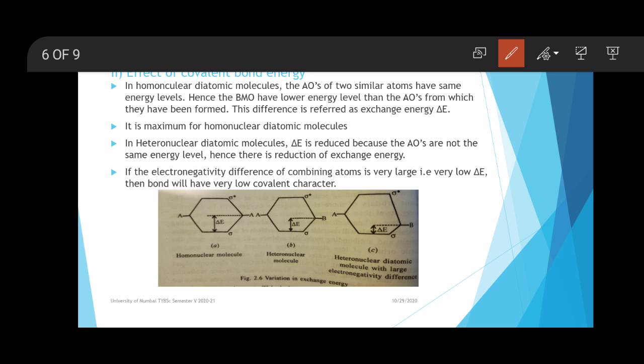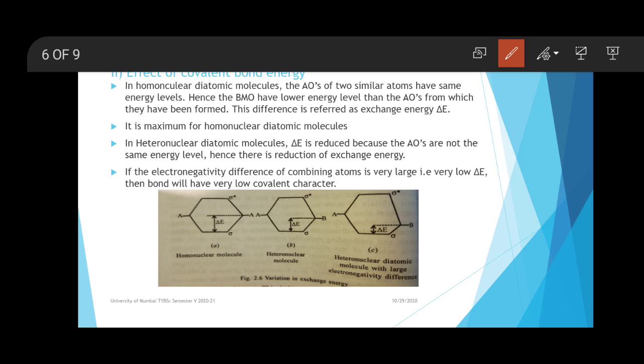As I said a few minutes before, in the MO diagram pictures, the first one is the MO diagram of a homonuclear diatomic molecule, the second is a heteronuclear diatomic molecule with a small electronegativity difference, and the third is again of the same type, but with a high electronegativity difference.